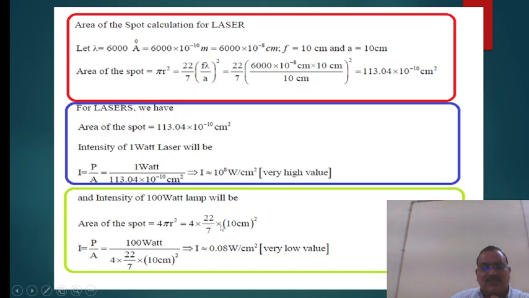So 4 into 22 by 7 into 10 centimeter square, and then the intensity P upon A, 100 watt by this, will come to 0.08 watt per centimeter square. And we can compare the two values. On one side we have 10 raised to power 8 watt, and on the other side 0.08 watt, which is a very low value. So we can say that the laser beams are highly intense.